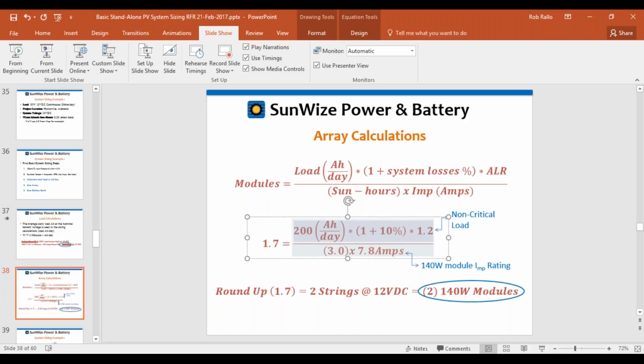Okay, divided by 3, so that's 88 divided by 7.8. So I come up with 11.28 strings. And then again, this is one of those where you need to round up. So I would need 12 of these 140 watt modules in parallel is what I come up with. So about 11.3 is the number of strings I have for that.